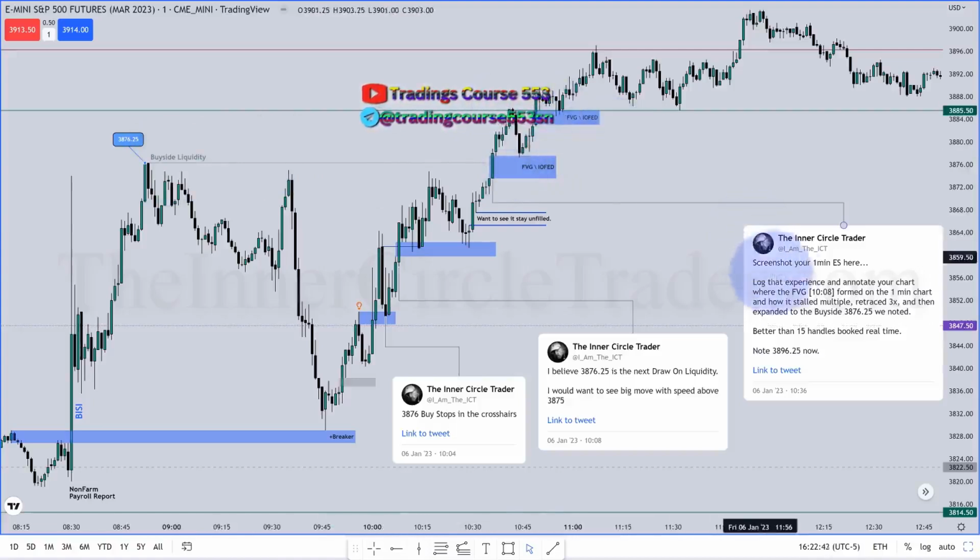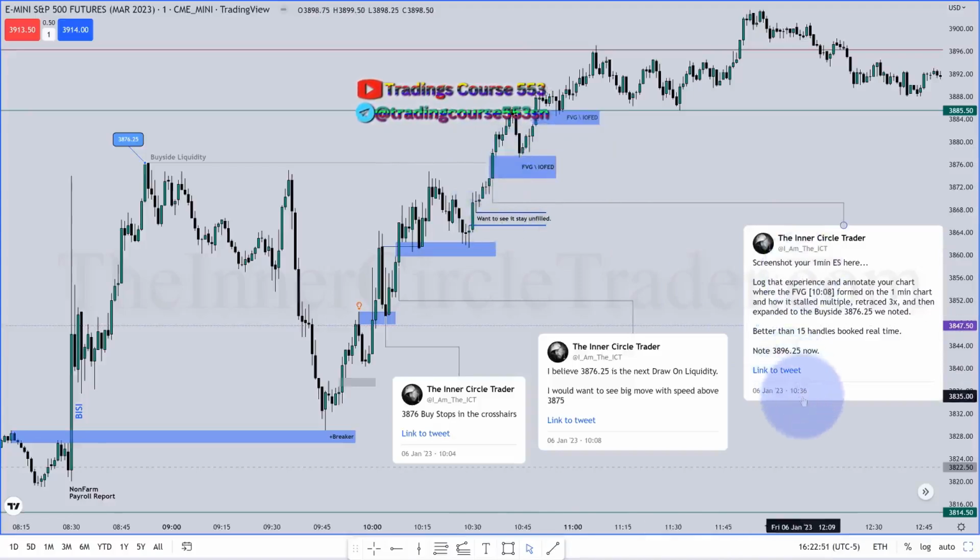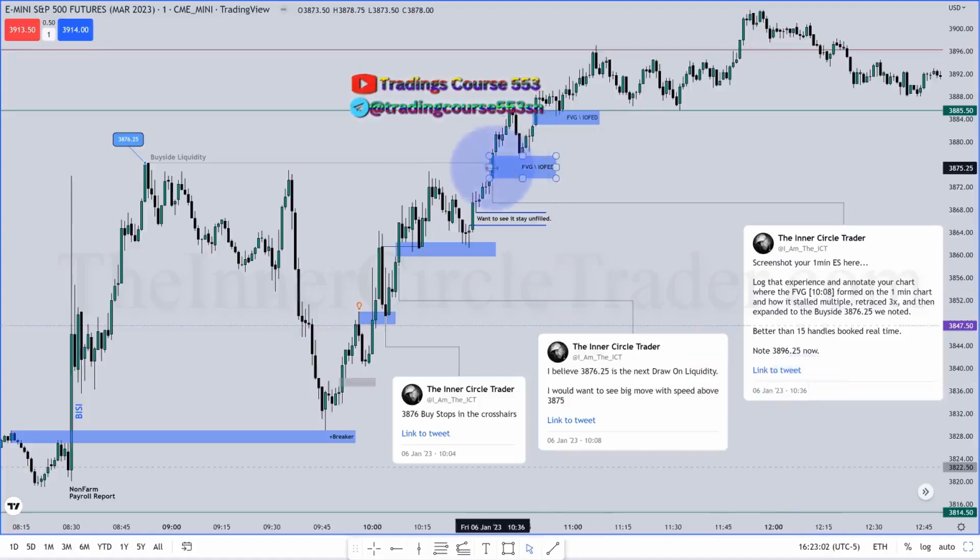And then finally, screenshot your 1 minute ES chart here. Where? Right on that very candle. So at 10:36, yeah, 10:36. I got disoriented there. I'm sorry. 10:36 candle right there. Look down at the bottom of the chart, right down here.